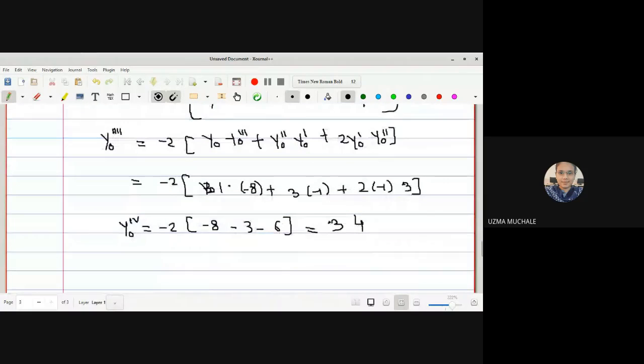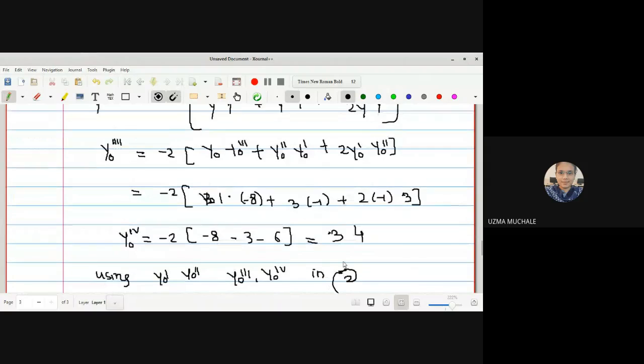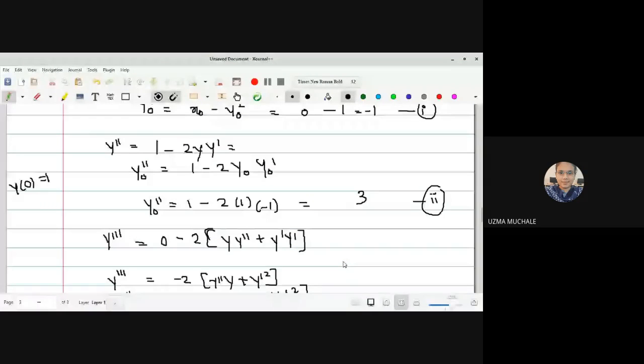All these 4 derivatives, we have to put in our equation 2, that is whatever Taylor series expansion we have done here. That means here in this equation we have to put all these values. Putting x is equal to x naught, what is the value of x naught in this case? It is 0.